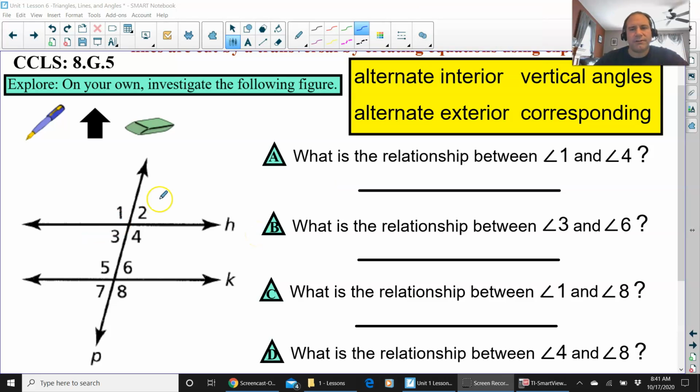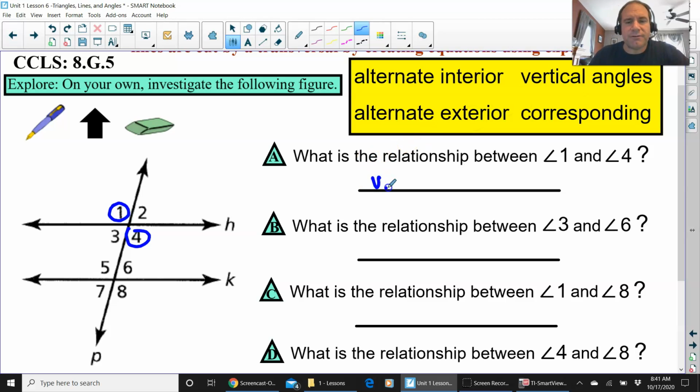So what is the relationship between 1 and 4? I'm going to circle 1 and 4, right across from each other. So are they alternate interior, alternate exterior, corresponding, or vertical?